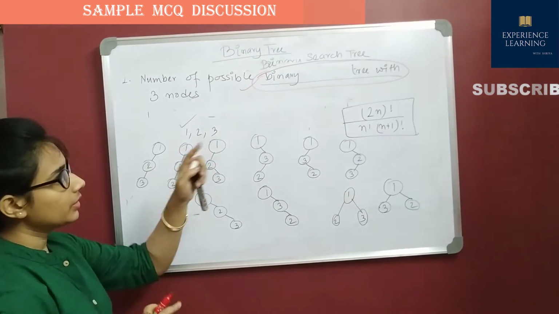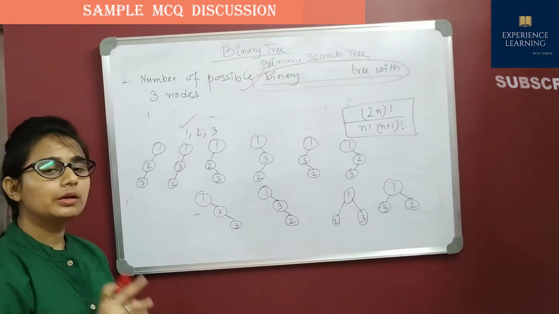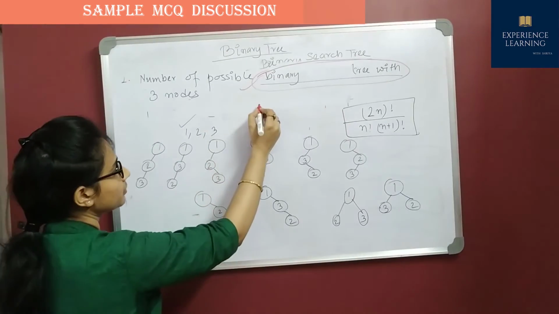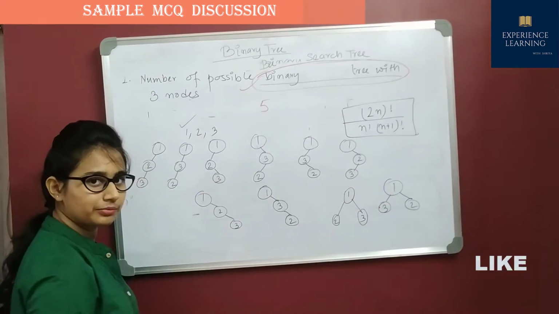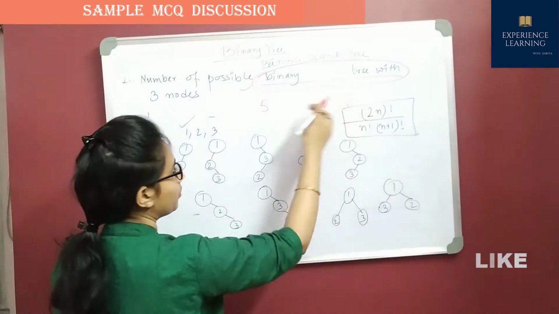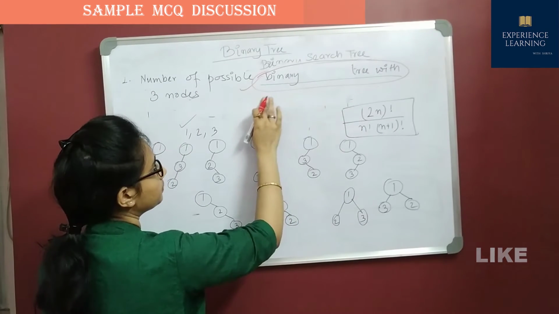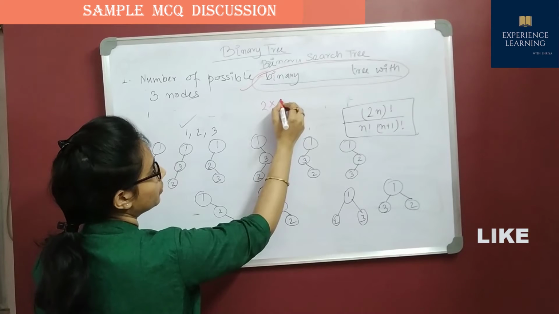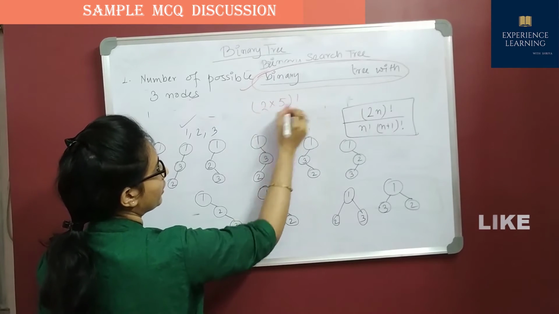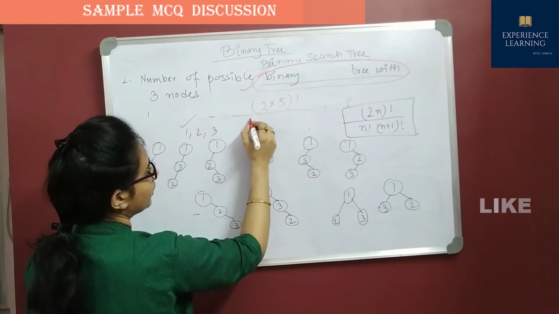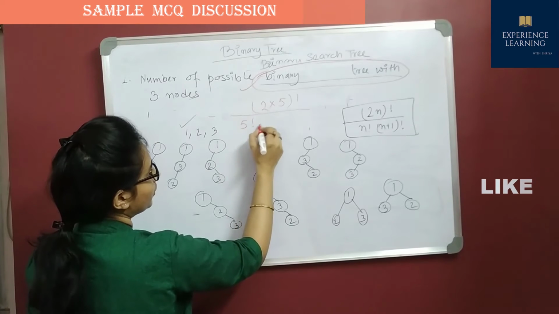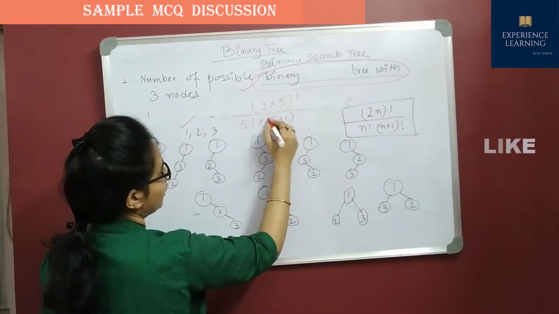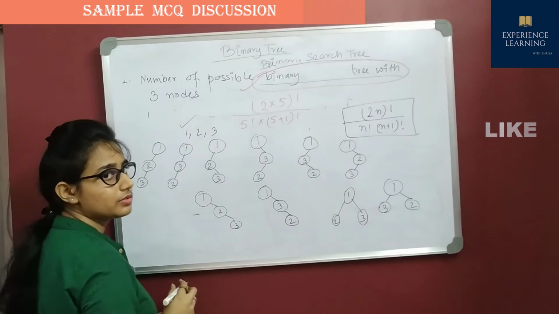So here in the first case, how many trees are there? 5, isn't it? If I apply this, say 2 into 5 factorial, then 5 factorial into 5 plus 1 factorial, you can solve this.